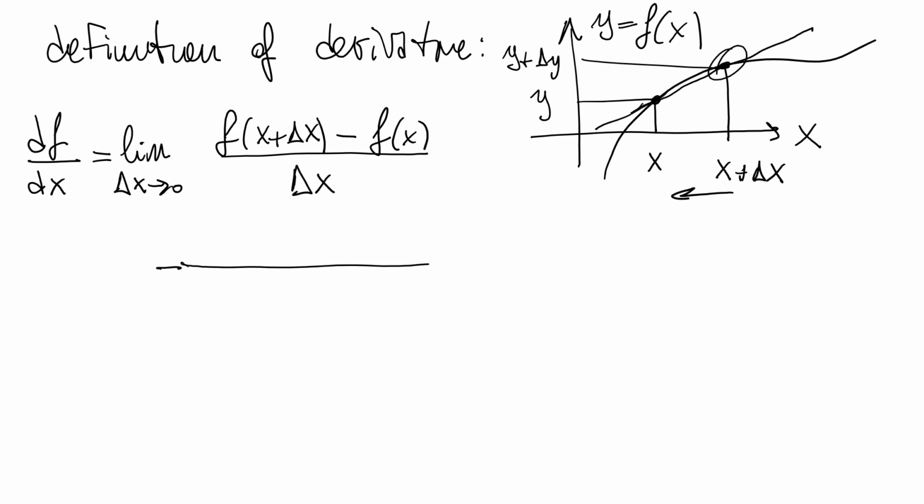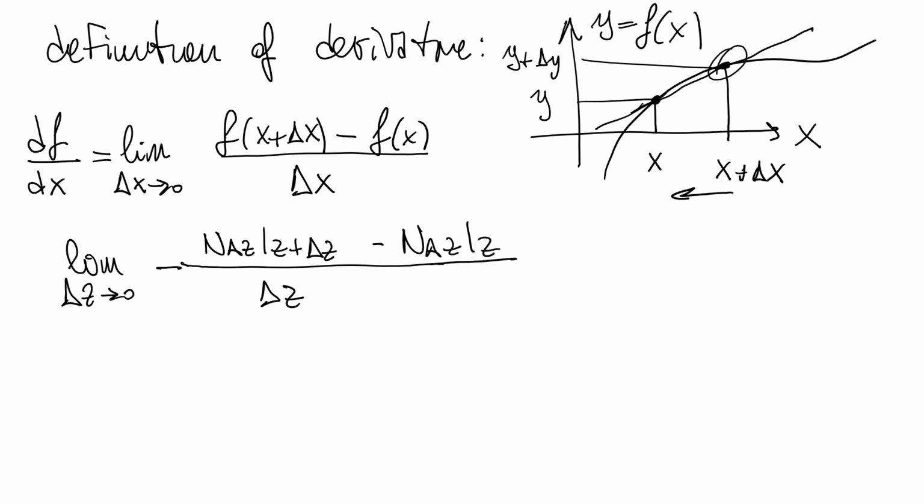Okay, in this function here, we have the limit for delta z going to 0 of NAZ at z plus delta z minus NAZ at z. Then this is equivalent to our definition of derivative. So this will be equal to d NAZ at z over dz.